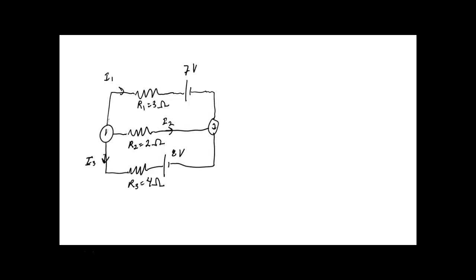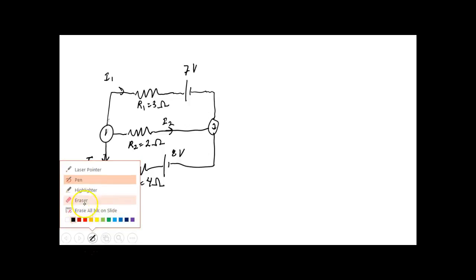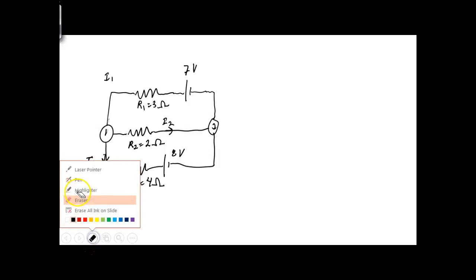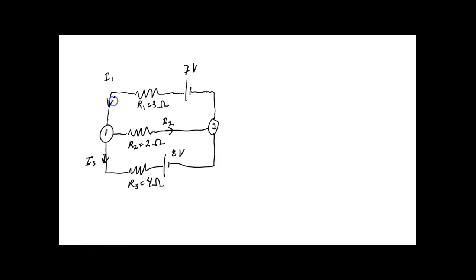What can you tell me about the way they chose to draw it? If I drew it right, no, I didn't. I'm sorry. The I1 they showed going in the other direction. It's in that direction. When I first glanced at it, I got both of them wrong, didn't I? They showed I3 going this way.